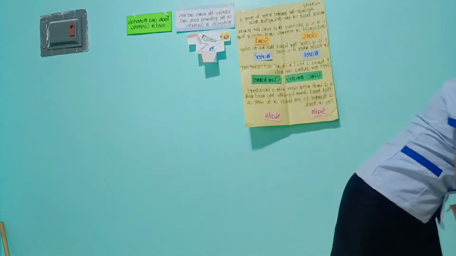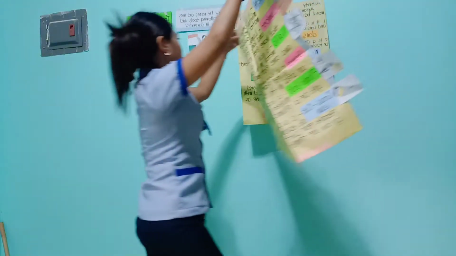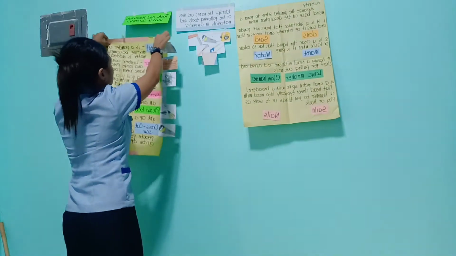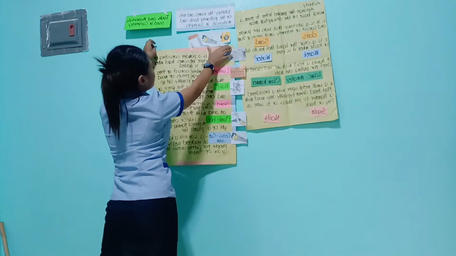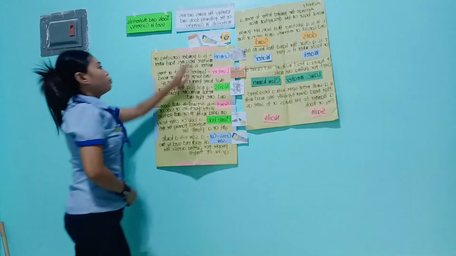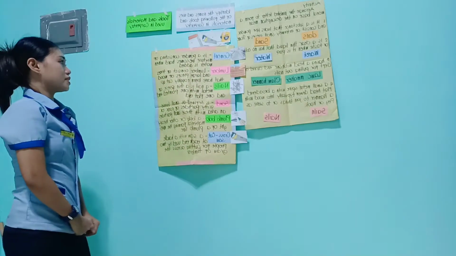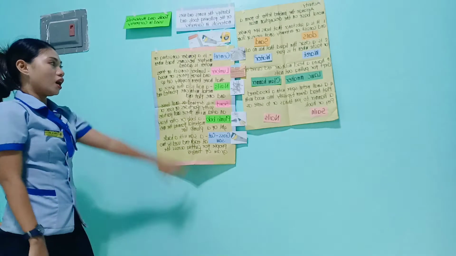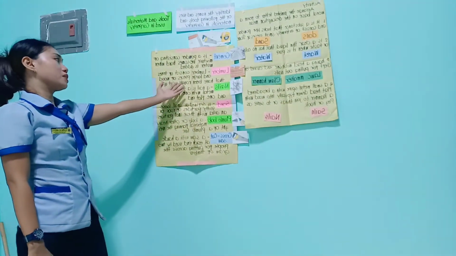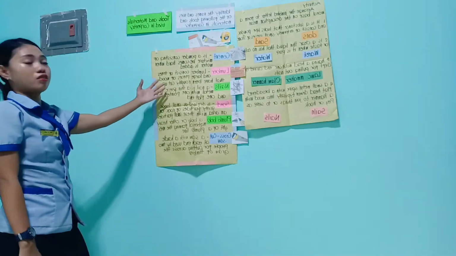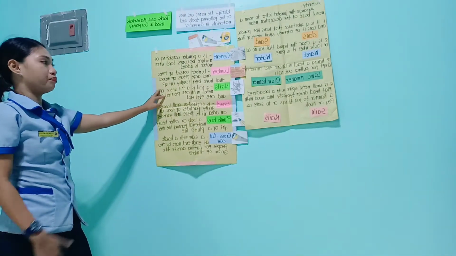So, the first one is cement. Cement is a powder that, when water is added, mixes and becomes hard. Lumber. Lumber consists of trees and large pieces of wood that have been roughly cut up.